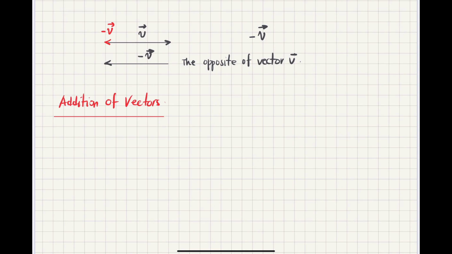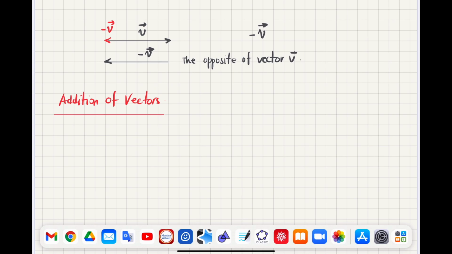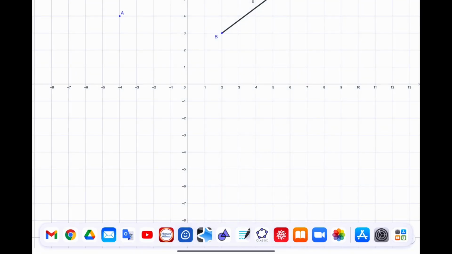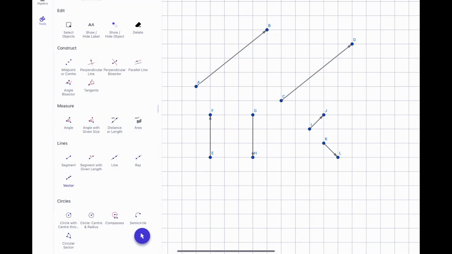Okay, addition of vectors, it's better to do it on GeoGebra. So let me go to GeoGebra here, not classic, just go to the geometry one here.